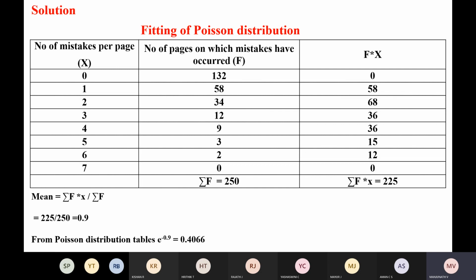Send the answer in chat box. Rakshita, send the answer in chat box. Hello?